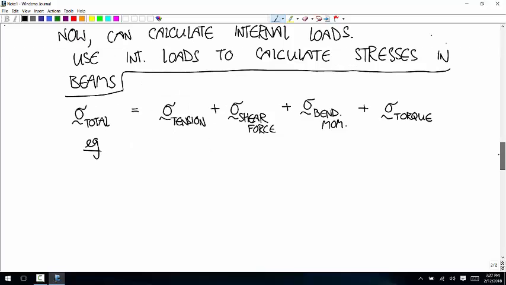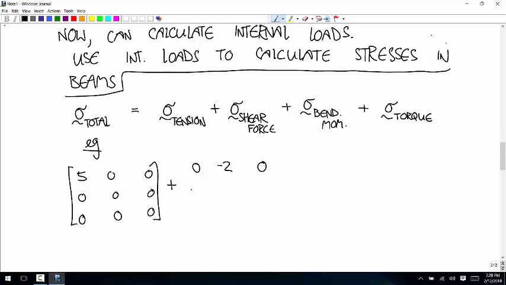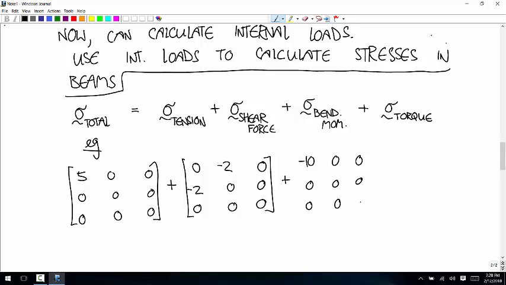For example, if you had a stress due to tension that was equal to 5, 0, 0, all the rest zeros, plus a stress due to shear force that was 0, -2, 0, -2, 0, 0, all the rest zeros, plus a stress due to bending moment that was -10, all the rest zeros, plus a stress due to torque that was, say, 0, -6, 0, -6, all the rest zeros.